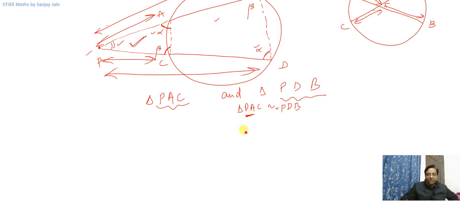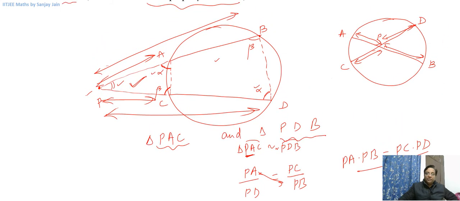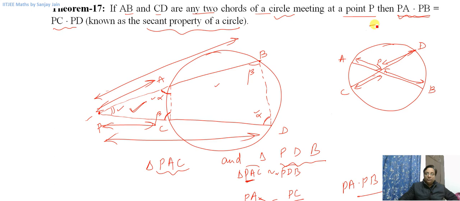That PA divided by PD is equal to PC divided by PB, the ratio of their corresponding sides. So if I cross multiply, PA into PB is equal to PC into PD.